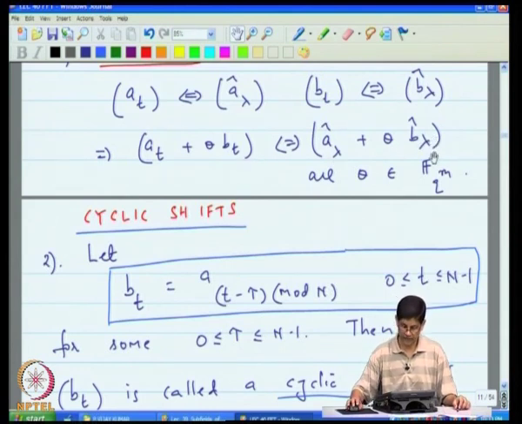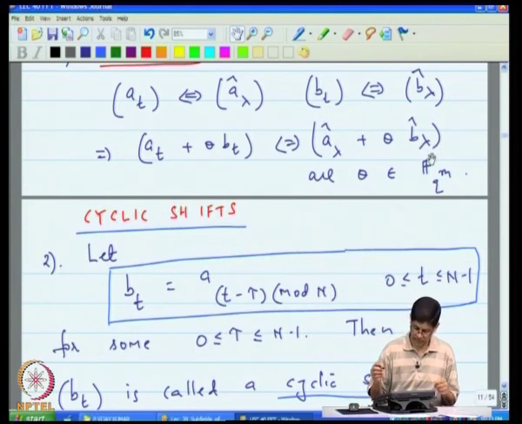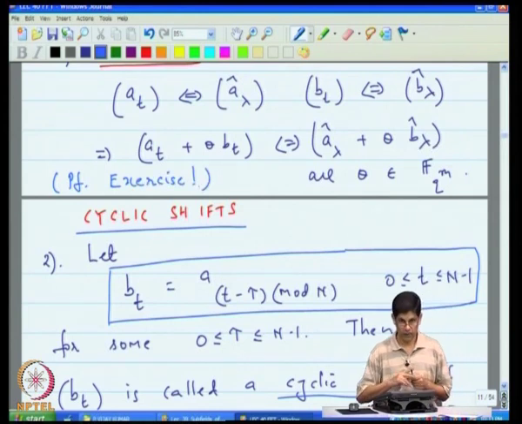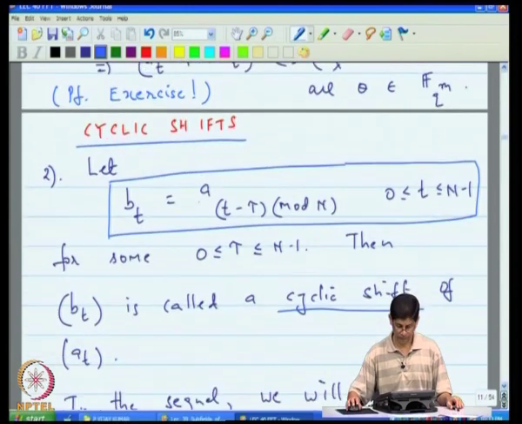So, that is linearity, and this is easy to prove. I will just leave this to you to show as an exercise. It is straightforward, a simple exercise.